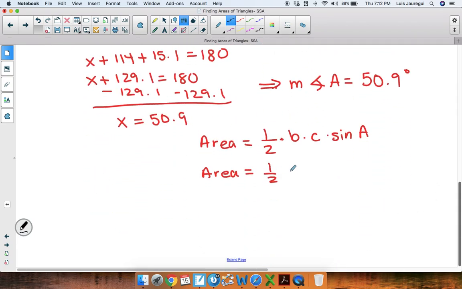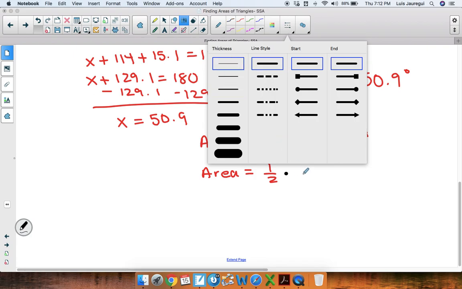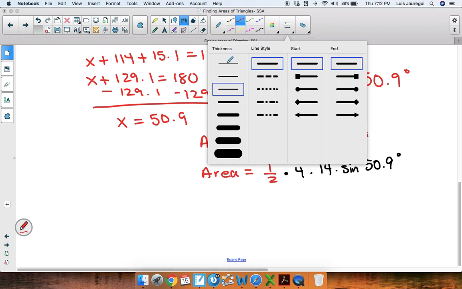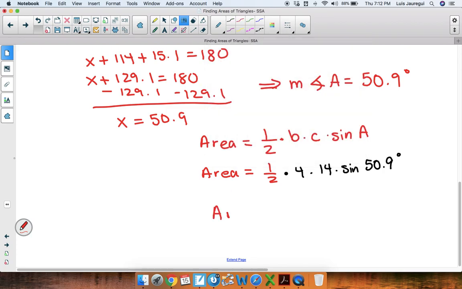So we can say 1/2 times 4 times 14 times sine of A, which we said was 50.9 degrees. Now, entering this into our calculator, we can come up with the approximation rounded to the nearest tenth.